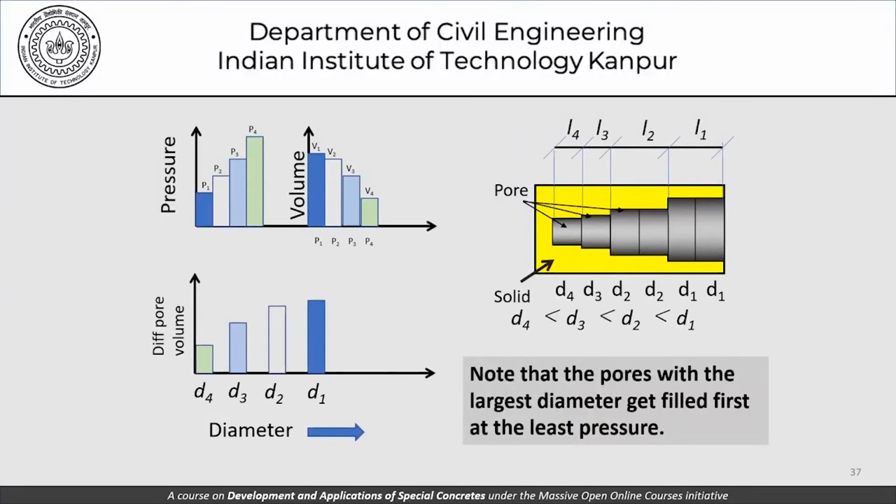We'll get the pressure, we'll get the volumes, we can get the differential pore volumes, how much volume was intruded in the diameter D1, D2, D3 and D4, the way we've shown it. D1 and the pores corresponding to D1 are the largest, but this is a schematic representation. So if we sum this up, we'll get the cumulative volumes.